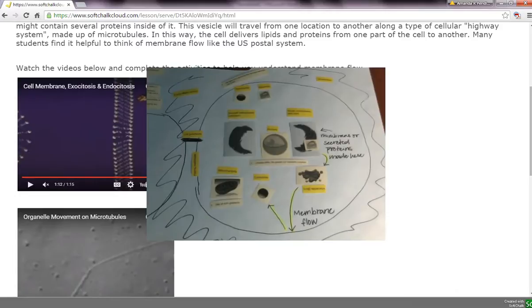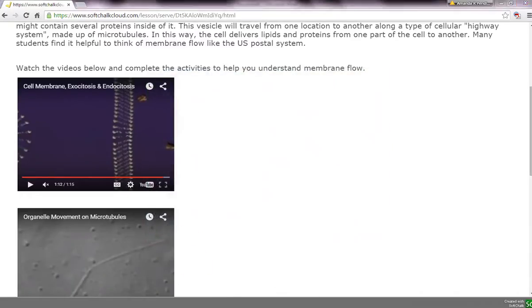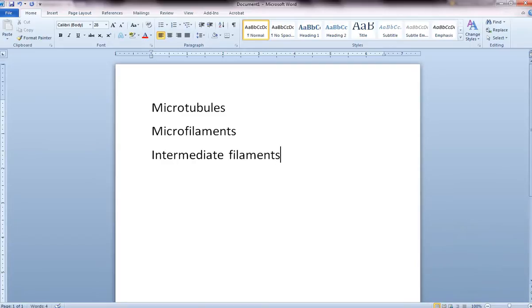Okay, there's three types of cytoskeletal elements, and let me list them for you. So we're going to have microtubules, microfilaments, and intermediate filaments. Okay, let's talk about microtubules first.